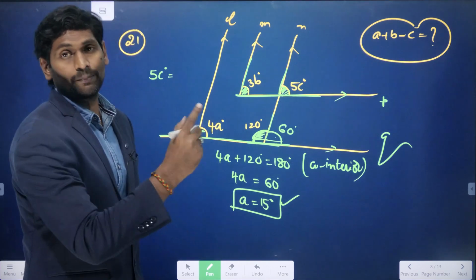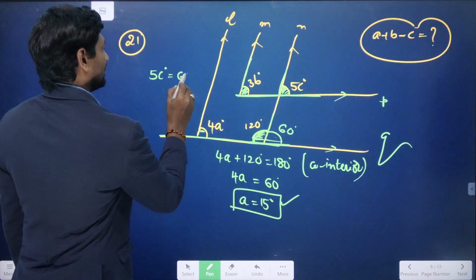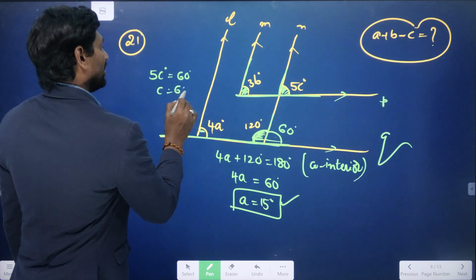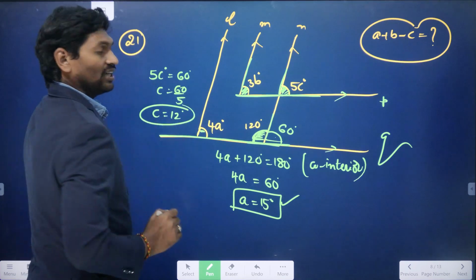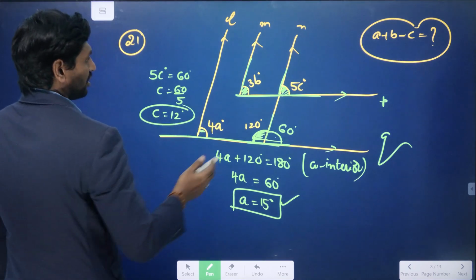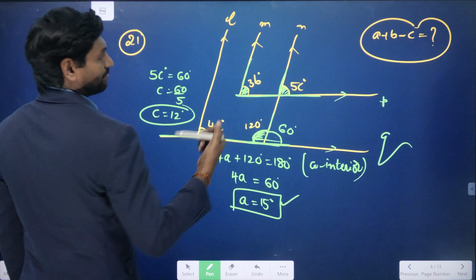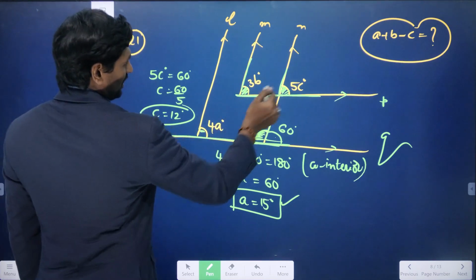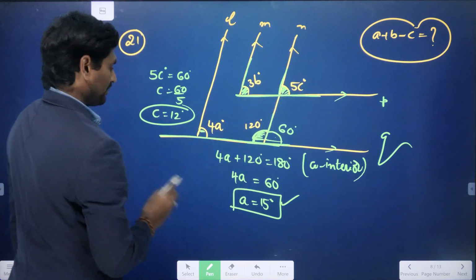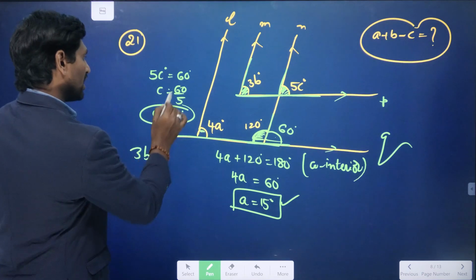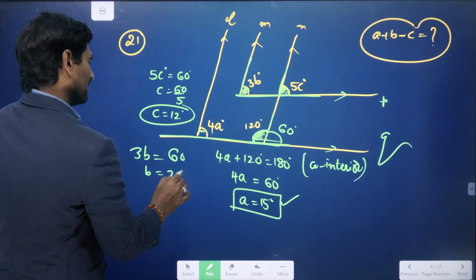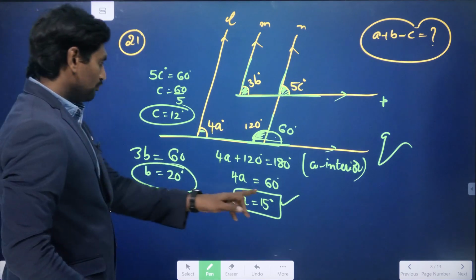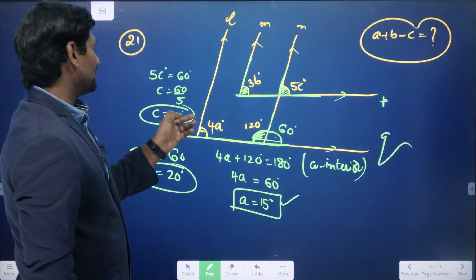Corresponding angles are equal for parallel lines. So this is 60 degrees. So 60 by 5, 5 table 60, 12 times. Angle C is 12. We already know the 5C value and 3B value are the same because of the corresponding angles, L shape. So 3B is equal to 5C, which is 60 degrees. Then B is equal to 60 by 3, 20 degrees. So A value 15, B value 20, C value 12.